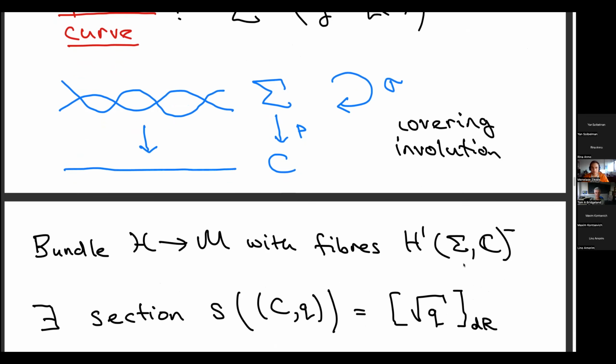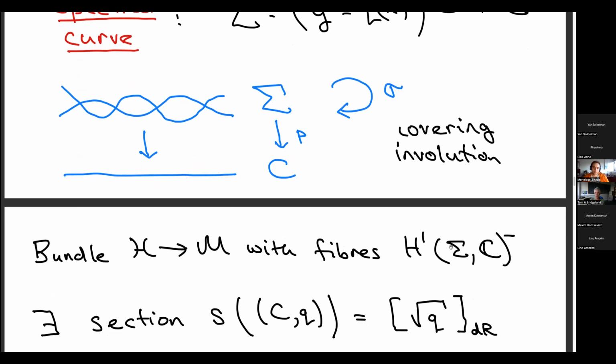Now, there's a natural section of that bundle, because if you have a curve with a quadratic differential, you can pull back the quadratic differential to sigma, and more or less by definition of sigma, it is then a square, so you can take its square root, and that gives you an anti-invariant one-form on sigma. You can take its de Rham cohomology class, and that will give you an element of this.